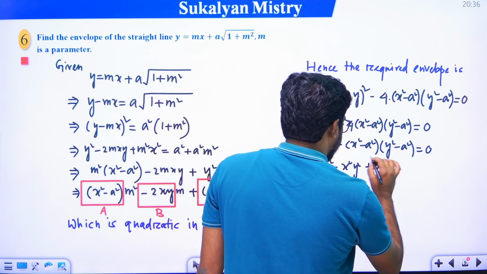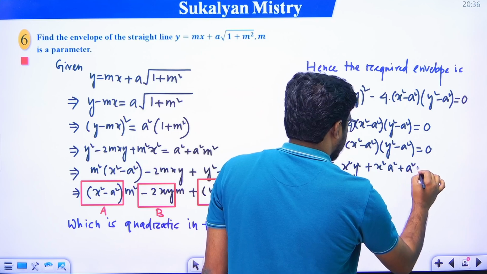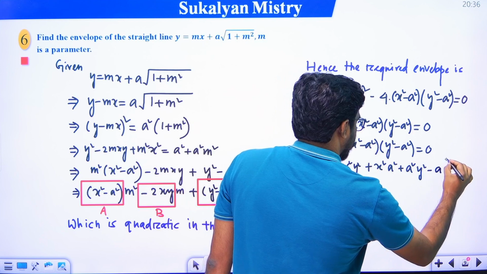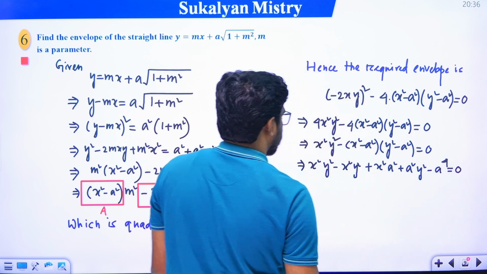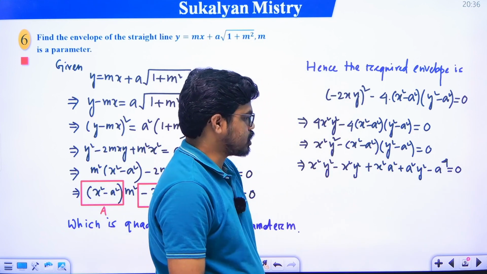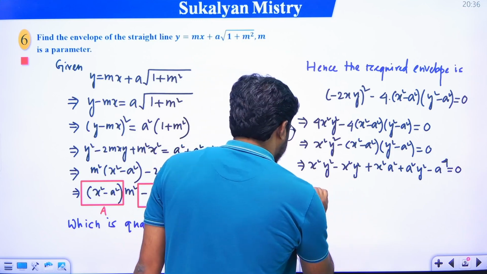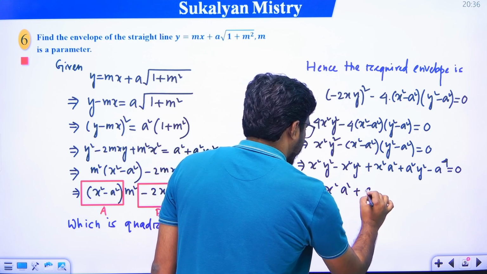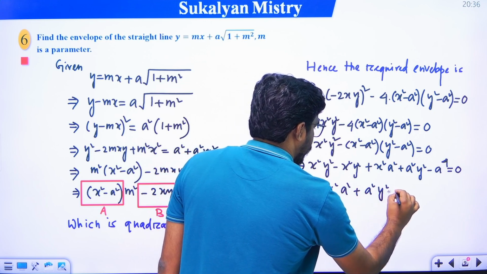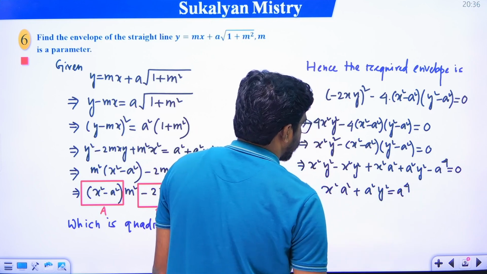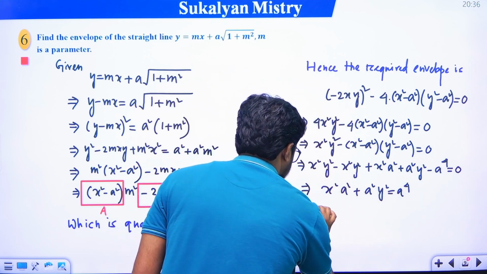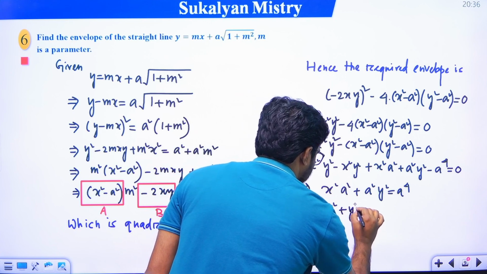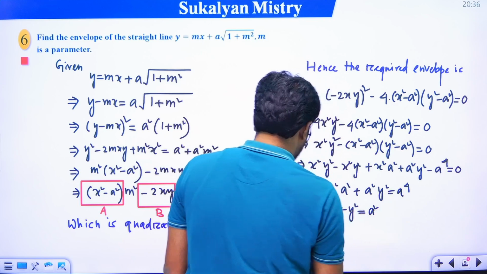Okay, so this implies x square y square minus x square y square plus x square a square plus a square y square minus a to the power 4 is equal to 0. So x square y square minus x square y square cancel, that means we get x square a square plus a square y square is equal to a to the power 4. Dividing both sides by a square, so x square plus y square is equal to a square.